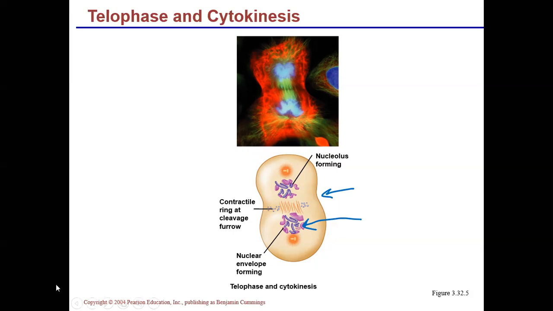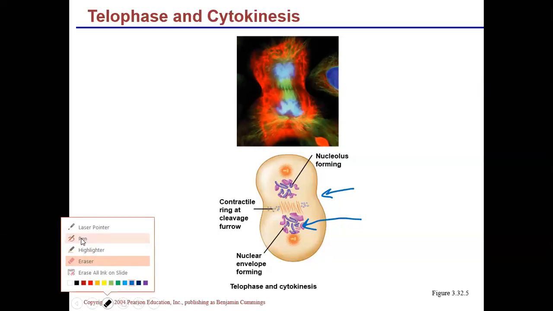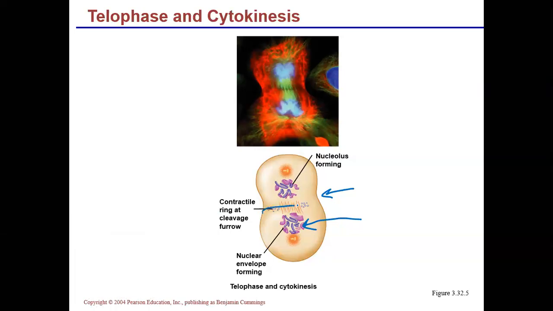So cytokinesis: as long as the cytoplasm is still being shared right over here, cytokinesis has not been completed. The moment the cell divides and this part and this part no longer share cytoplasm, this is called cytokinesis, the division of the cytoplasm.